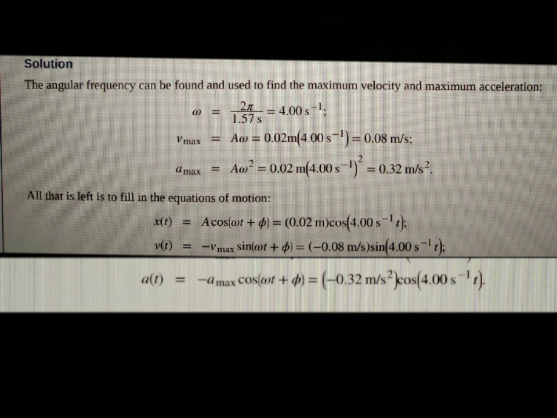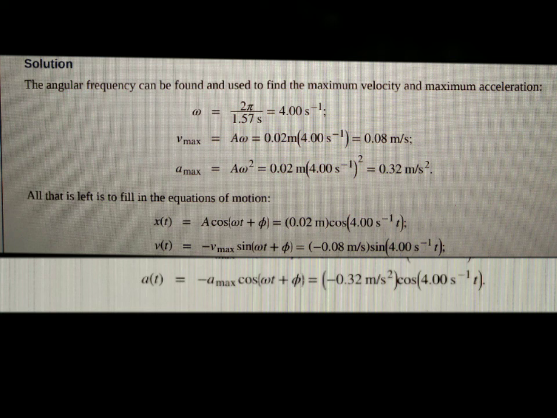So v of t is equal to negative v max sine, open parenthesis, the angular frequency times time plus the phase shift, which is negative 0.08 meter per second sine of 4.00 second to the power of negative 1 times t.